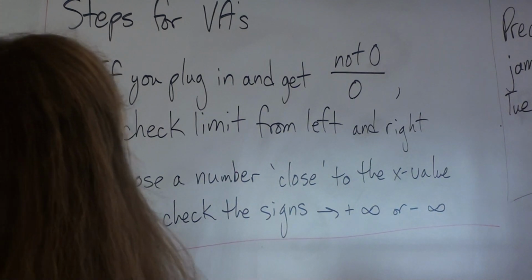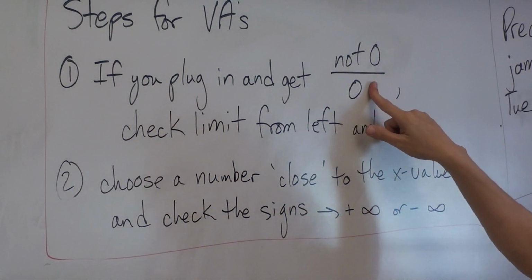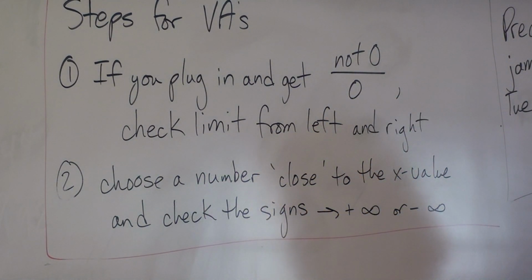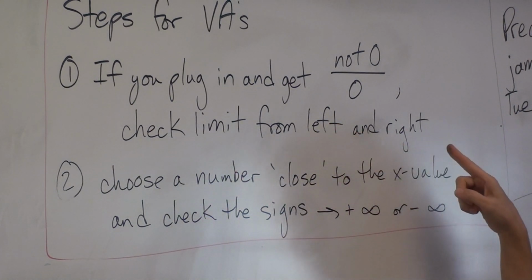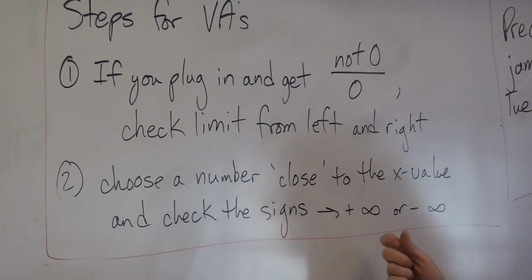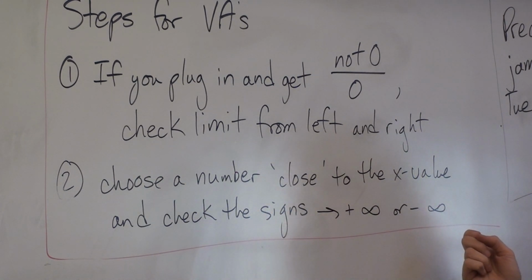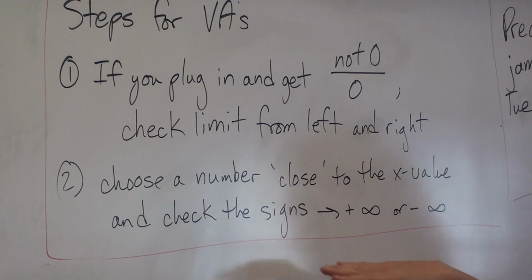If you plug a number in and get not 0 over 0, that's what tells you there's a vertical asymptote there. So you're going to check the limit from the left and right. The answer is going to be positive or negative infinity. How do you know? You just choose a number close from either the left or the right, plug it in and check the signs. Okay?